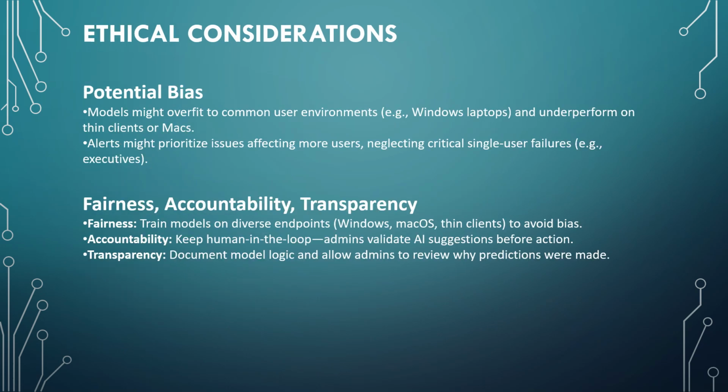Ethical considerations on all the potential bias. These have to cover the most common use cases. Windows laptops, what is happening with the Mac devices. Some customers are doing some cost management with thin clients.